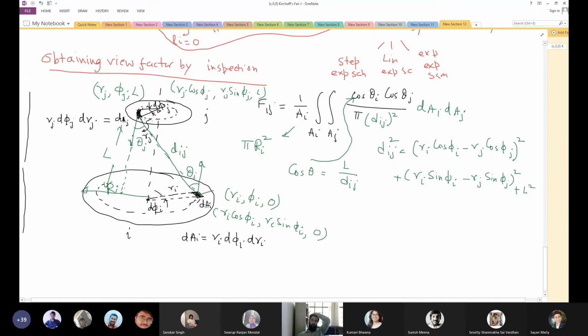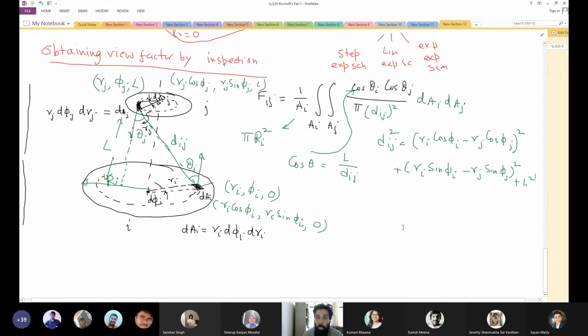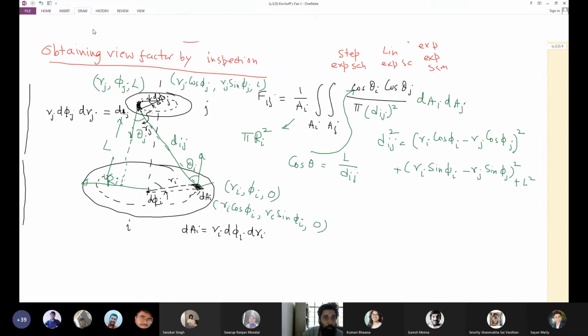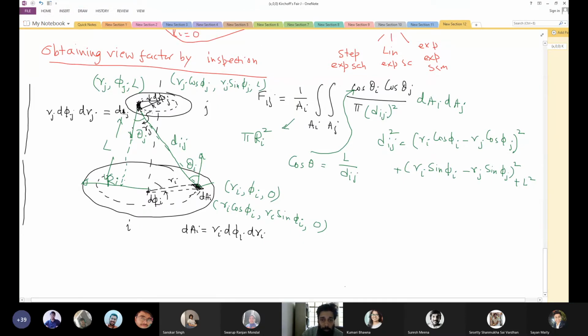Everything we required is known now, and all we need to do is substitute these things and solve the algebra. So if I substitute everything here, I get the following.